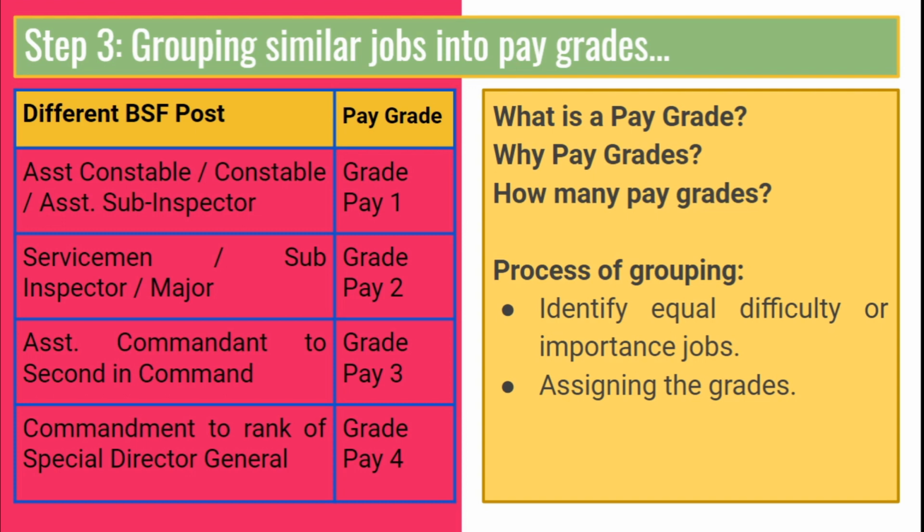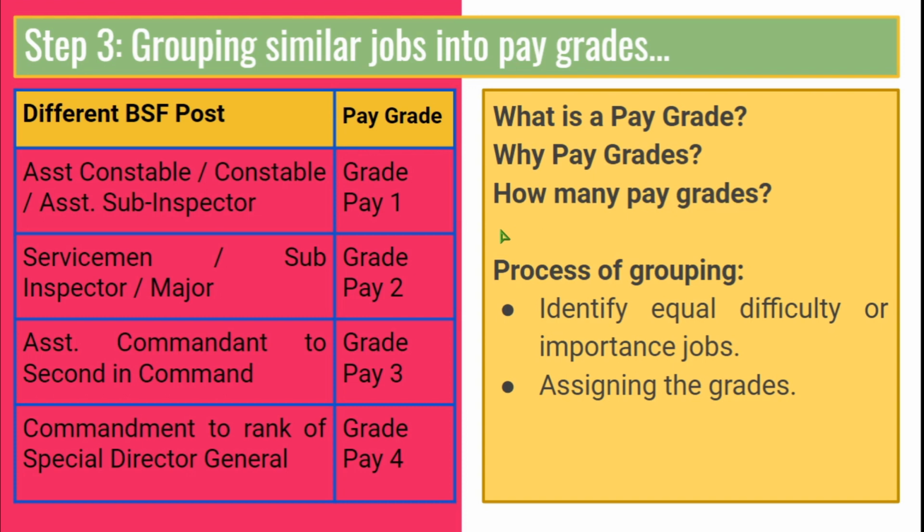All right. Then while answering how many pay grades, we need to refer to different factors like size of the organization, vertical distance in the organization, and promotional policies of the organization. By vertical distance, we mean the number of positions between the top boss and the lowest employee.